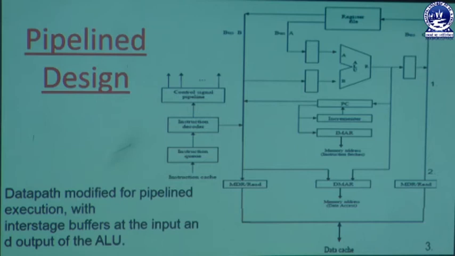So the control signals generated are 2 read control signals, 1 write control signal, and another one is the add control signal. In that way the instruction is decoded, and when we are collecting the data from the memory, then we have to use the following concept.